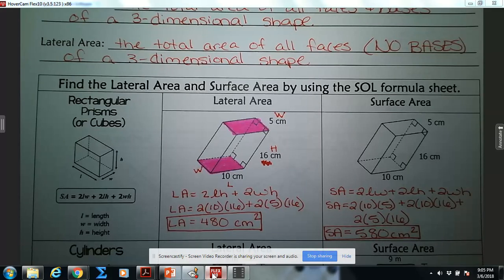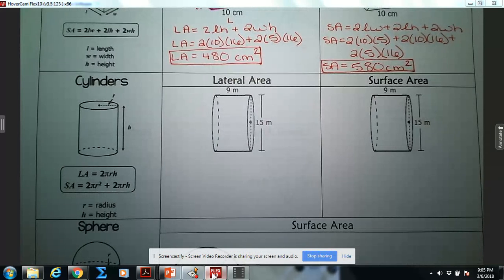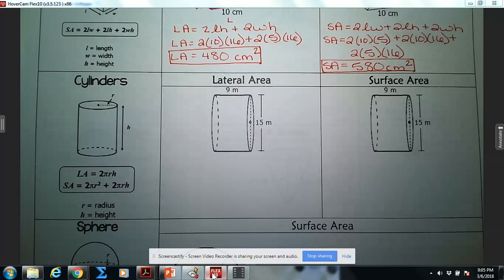Okay, our next shape that we're going to go study is called a cylinder. Okay, a cylinder looks kind of like a soda can or a can of soup or something. And we do have 2 separate formulas for a cylinder. We have the lateral area is 2 times pi times radius times height.